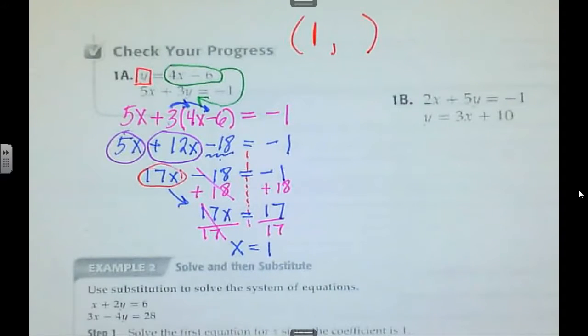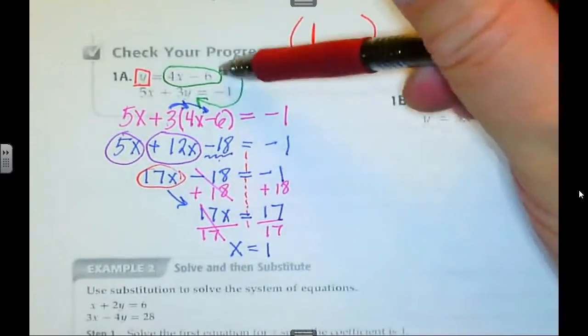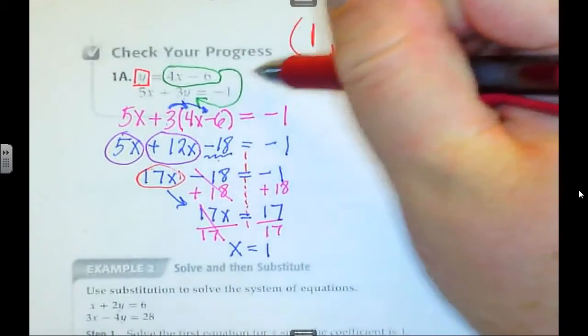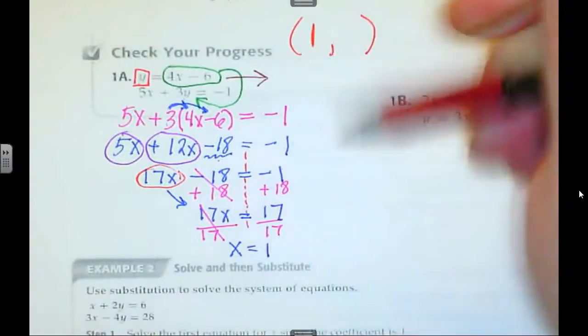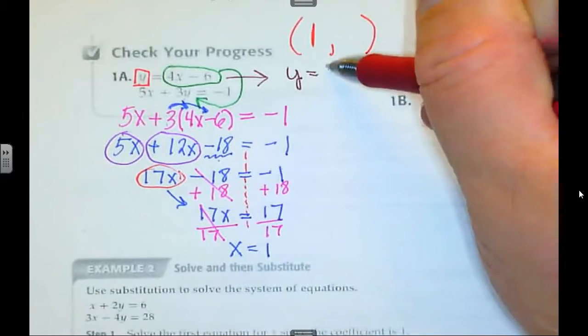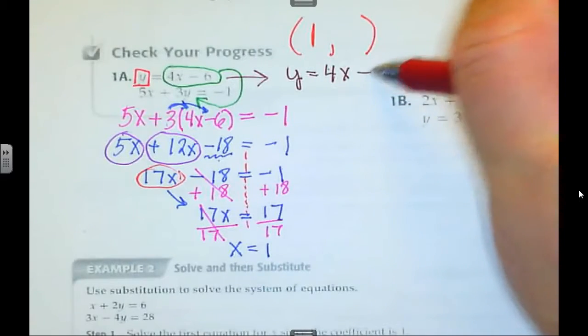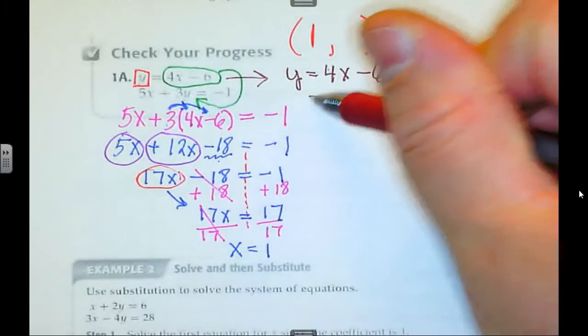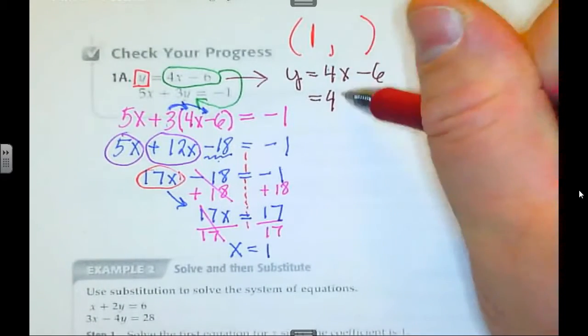Anybody know how to find y? Yeah, just pick one of the equations. It doesn't matter which one. I would pick the top one. Seems to be the easier one. Y equals 4x minus 6. Well, I know what x equals, right? I just found out that it equals 1.